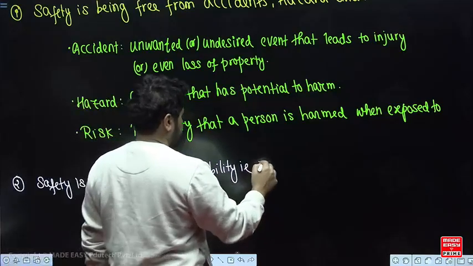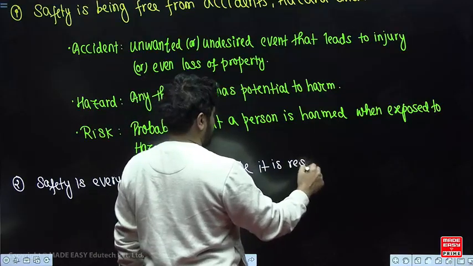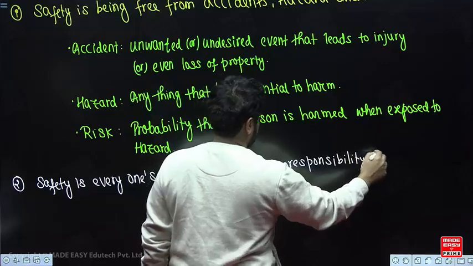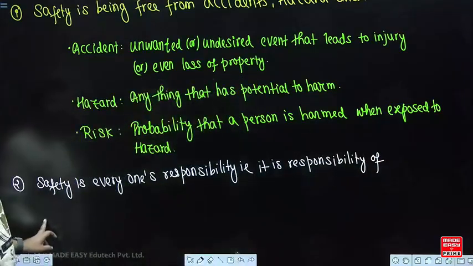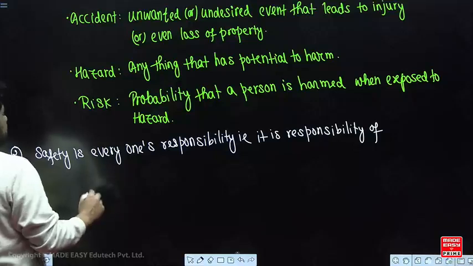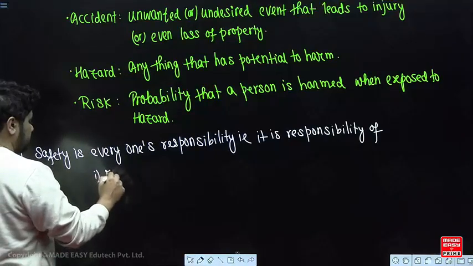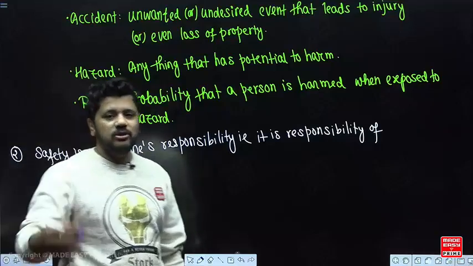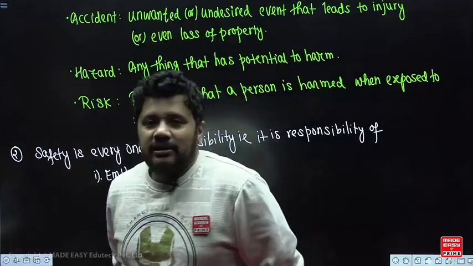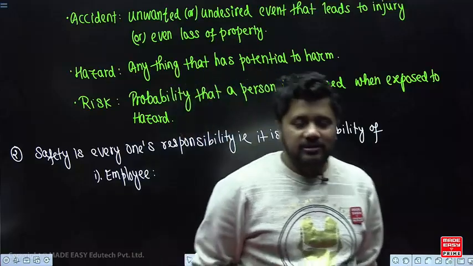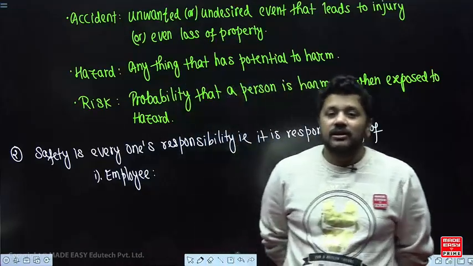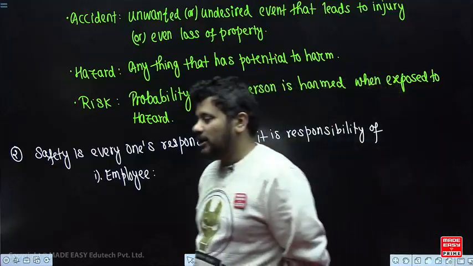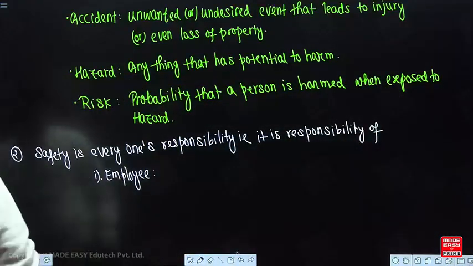That is, it is responsibility of number one employee. देखो सेफ्टी इज एवरीवन्स रिस्पॉन्सिबिलिटी. ऐसा नहीं है कि हम किसी को ब्लेम कर दें, है ना, कि नहीं ये इसकी वजह से हमें नुकसान हुआ. नो, वी कैन नॉट ब्लेम एनीवन. सेफ्टी इज एवरीवन्स रिस्पॉन्सिबिलिटी लाइक एम्प्लॉय. सो हाउ द एम्प्लॉय विल सेफगार्ड?